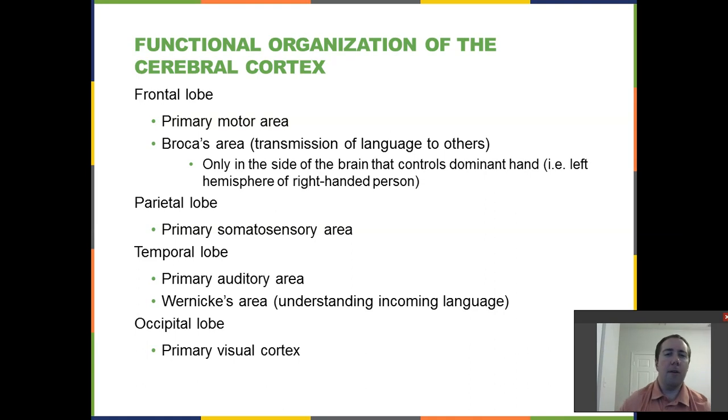There's also the Broca area. The Broca area is in charge of putting out language, and it is only responsible for transmitting language. And so when I'm talking to you, it is what's sending signals to my mouth and my diaphragm to control my breathing, control my mouth shape, to make sounds.